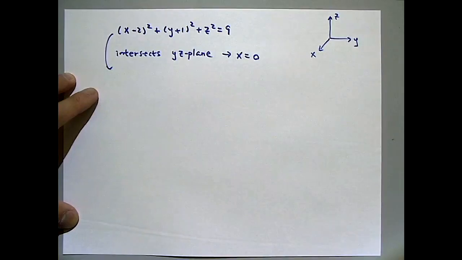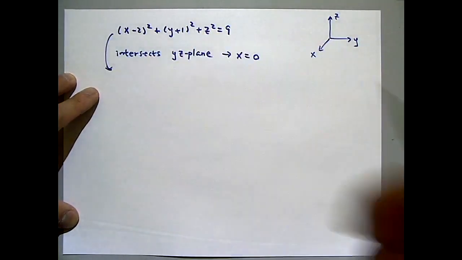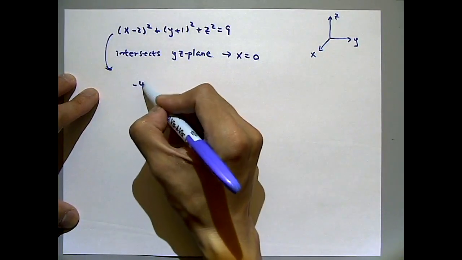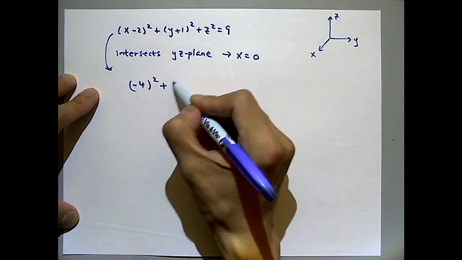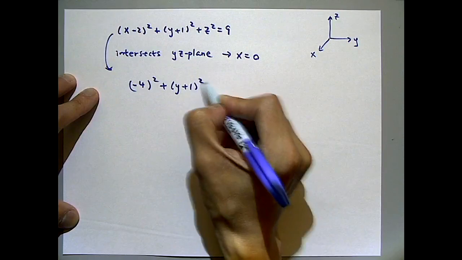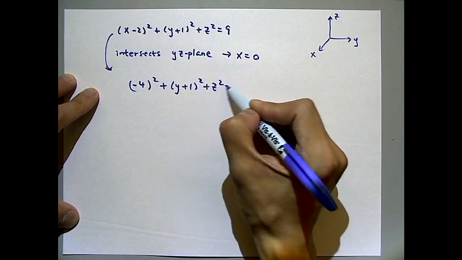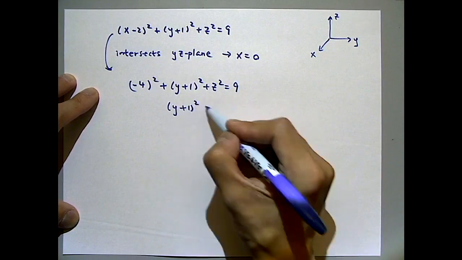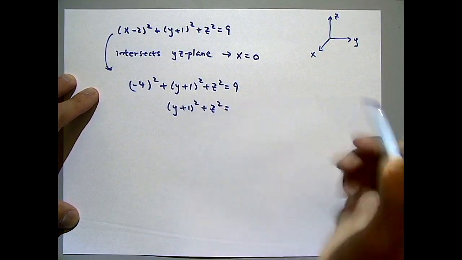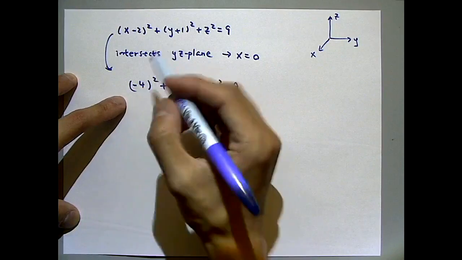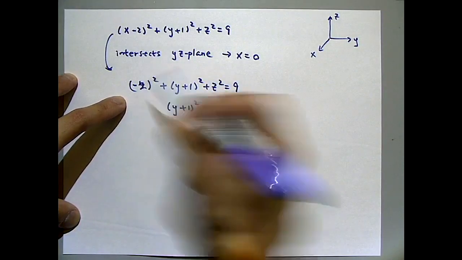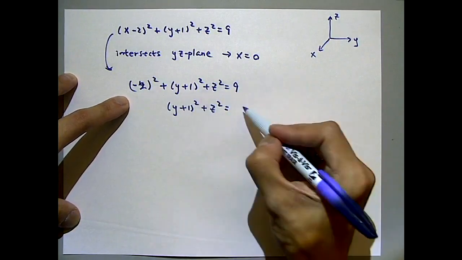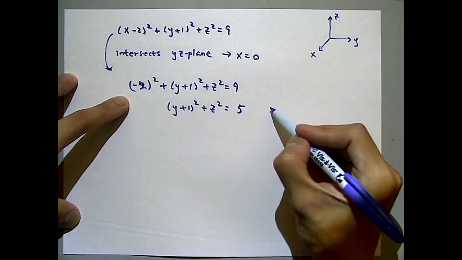And so if I let x be equal to 0 in my original equation, then I can find out more about that circle. And very easily, we see that this is a circle. That's a 2, sorry, minus 2. Square that is a 4. 9 minus 4 is a 5.